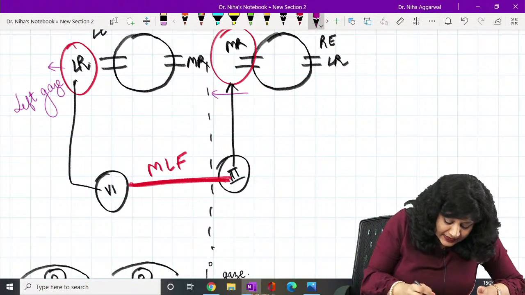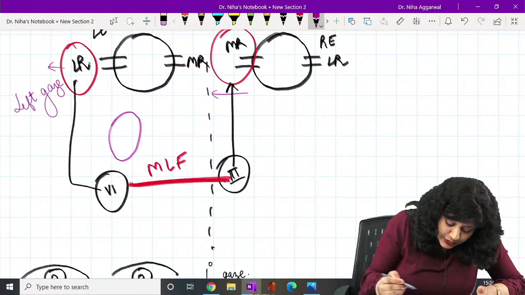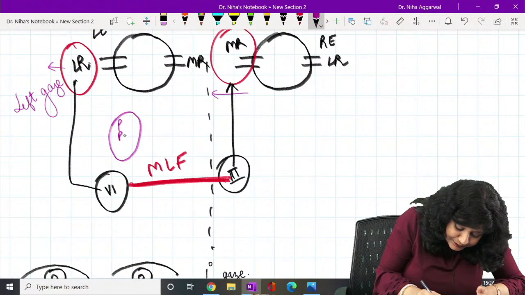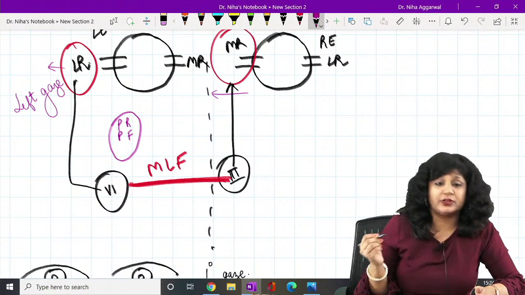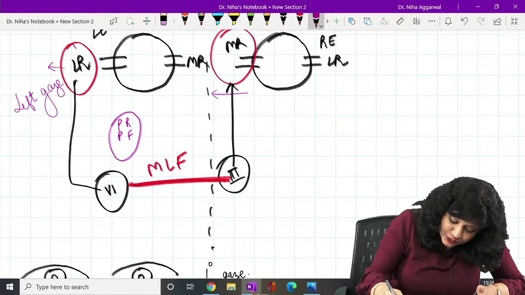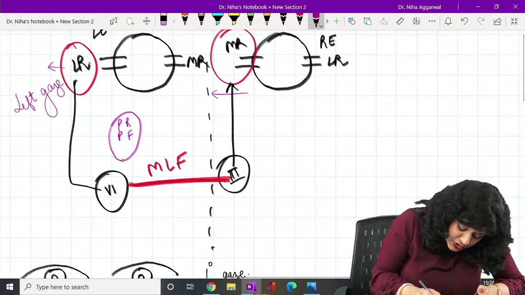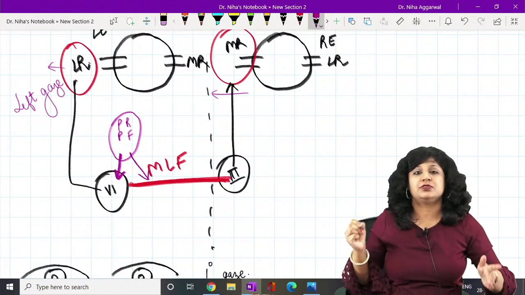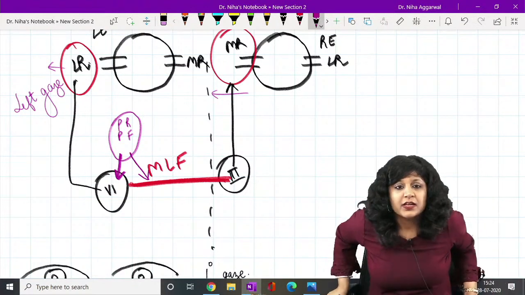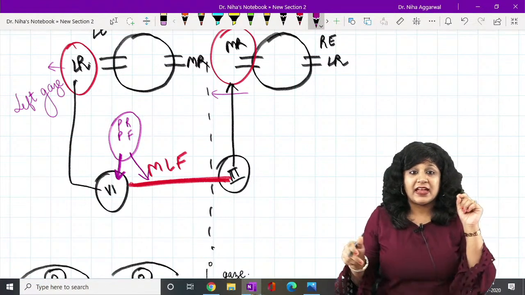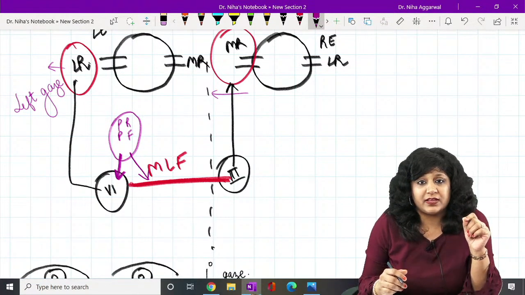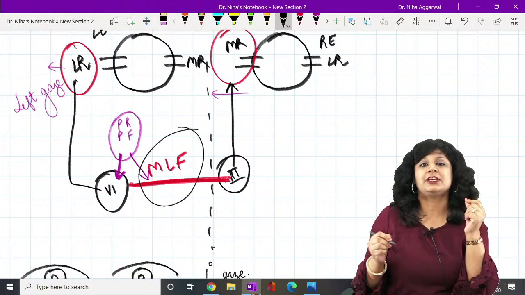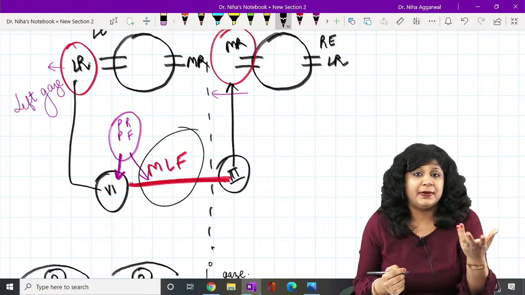Now, there is a horizontal gaze center called the PPRF. The PPRF sends innervation to this sixth nerve nucleus and to this medial longitudinal fasciculus. So if I have a problem with the medial longitudinal fasciculus, what are the implications?